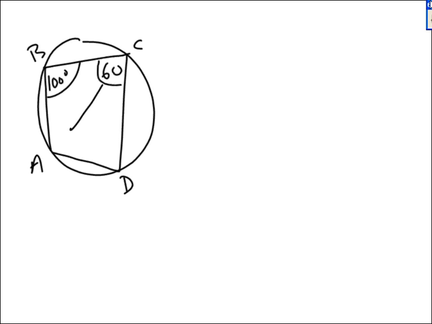Well, opposite angles add up to 180. If this is 60 up there, this angle down here must be 120. And if this angle up here is 100, you add 80 to get to 180. So that angle there is 80. Opposite angles in a 4-sided polygon inscribed in a circle add up to 180.